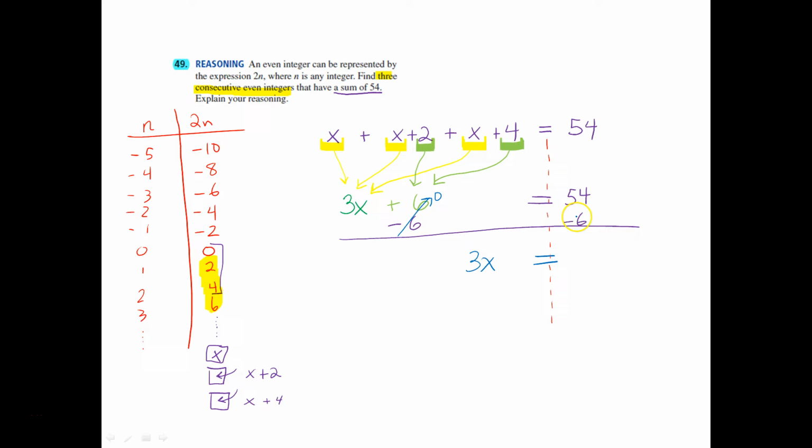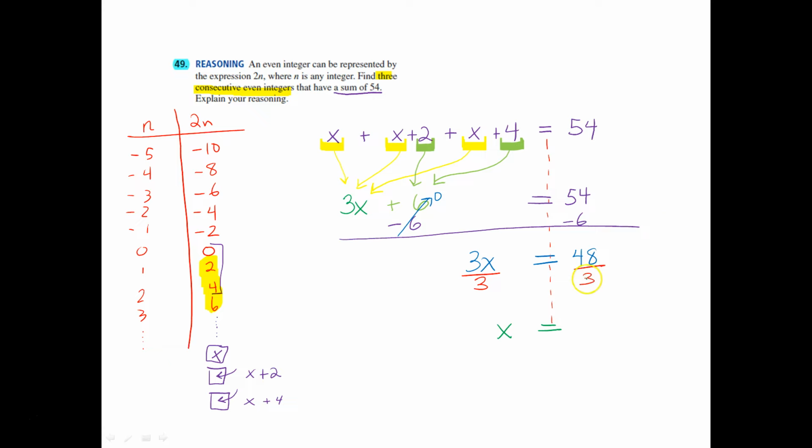And then 54 minus 6 is 48. But our variable is still multiplied by 3. So to undo multiplication, we're going to use division. We're going to divide by 3. 3 divided by 3 is 1, and 1 times x is x. So we get x equals 48 divided by 3.